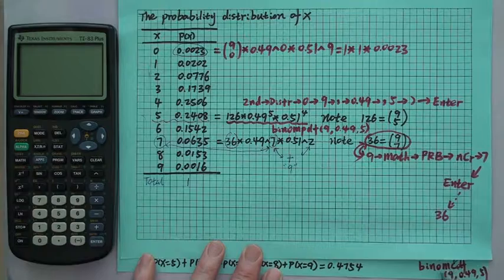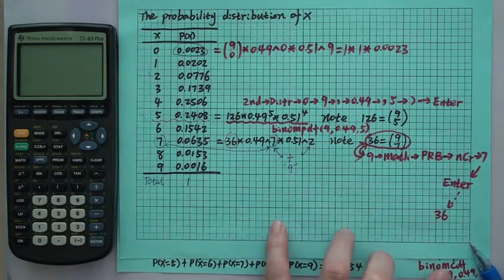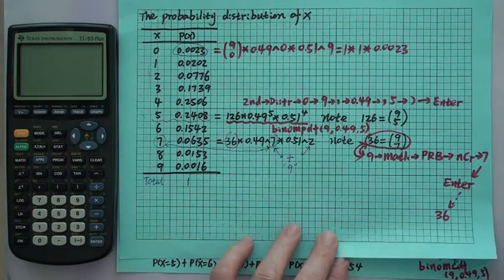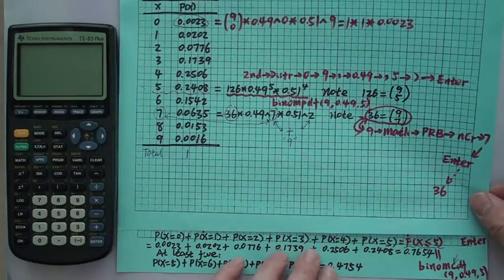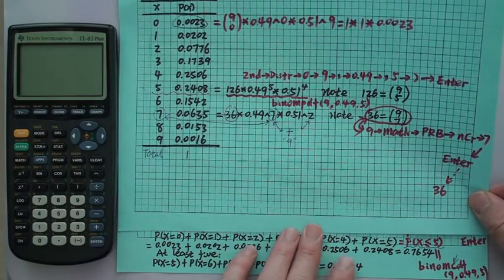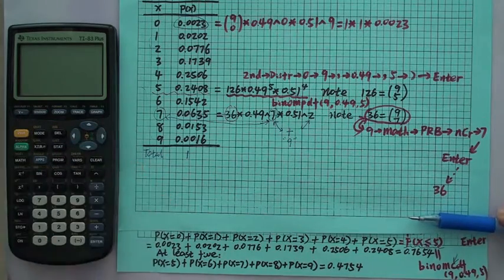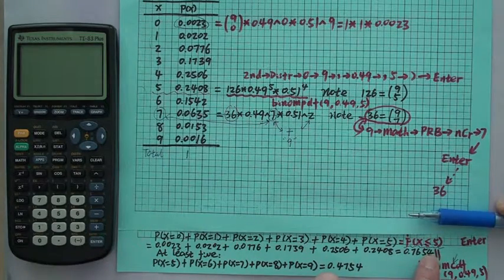So remember the differences. Here is CDF, and here is PDF. CDF, if you recall the previous lecture, calculates the probability up to 5. From 0 to 5, 5 is included.